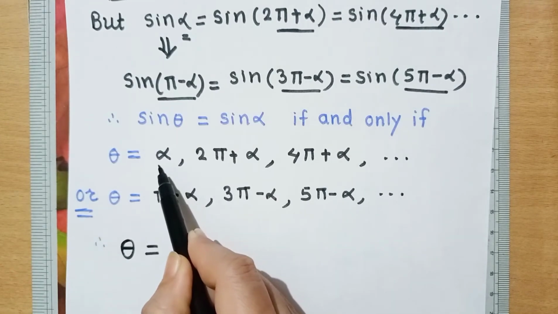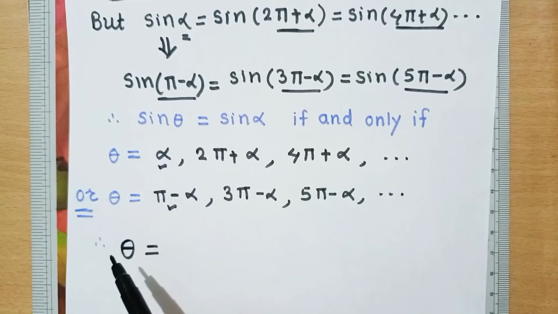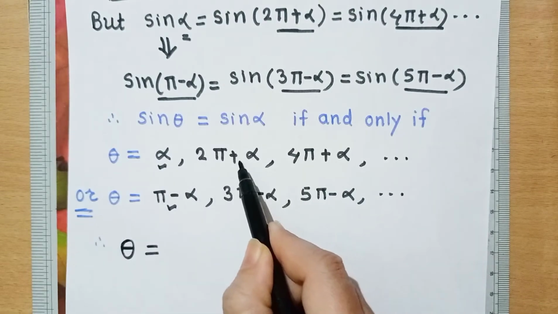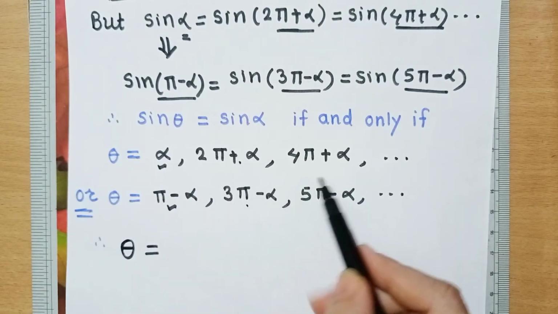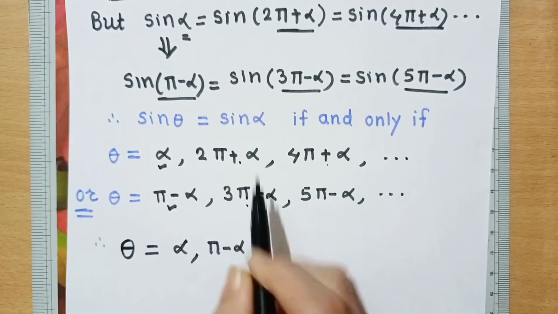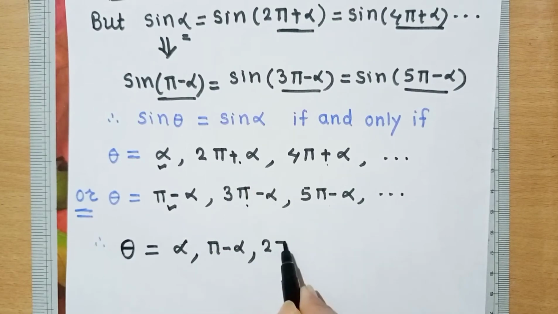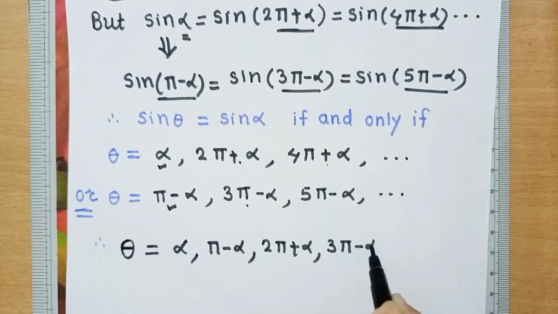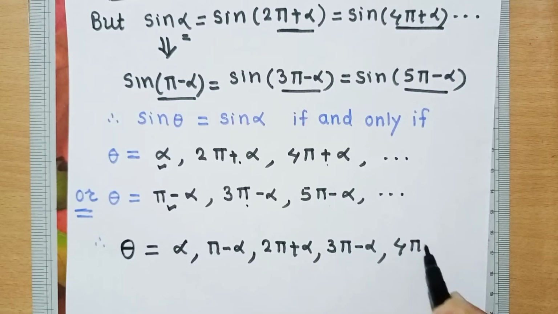Now you can understand this and this angle are in the first rotation. Now these and these are in the second rotation. This and this angle are in the third rotation and so on. So together these angles are: first alpha, then pi minus alpha, then in the second rotation 2 pi plus alpha, and then 3 pi minus alpha, also 4 pi plus alpha, and then 5 pi minus alpha, and so on.